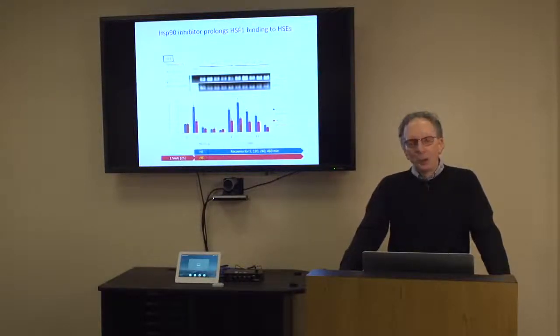After 5 minutes of recovery from heat shock, you see a big increase in HSF1 bound to both HSP70 in particular, but also HSP90 promoter regions. But this effect is lost by 2 hours, where HSF1 binding goes below baseline and remains below baseline for the duration of the experiment.